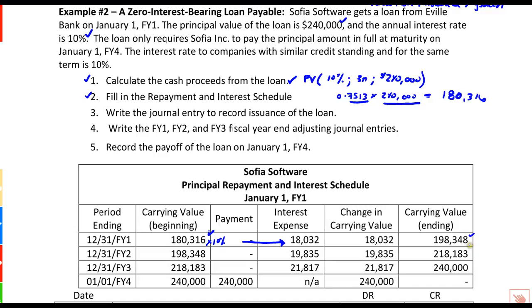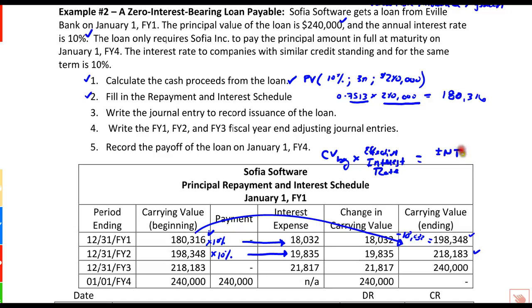So 198,348 is just 180,316 plus 18,032, which equals 198,348. Then you multiply by 10% again, and you get 19,835. And we do the same thing, update the carrying value. So the effective interest method is carrying value at the beginning times the effective interest rate equals interest expense.